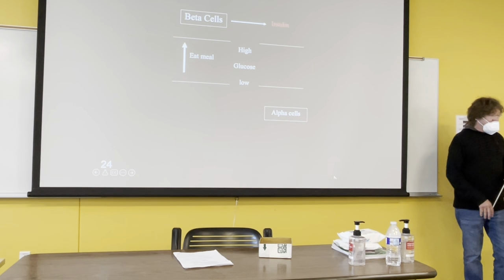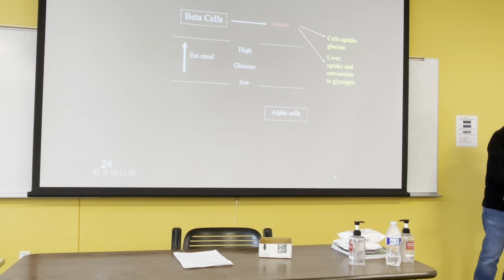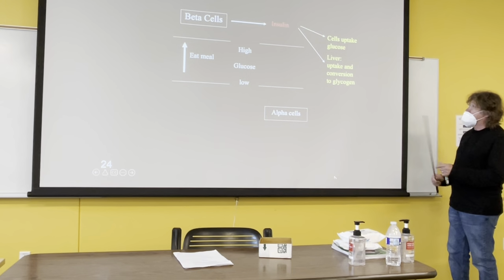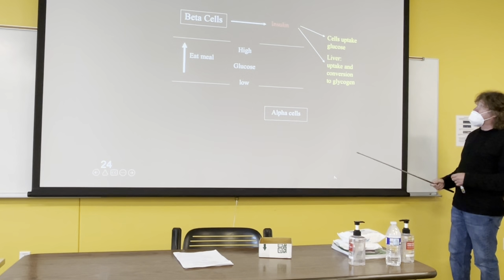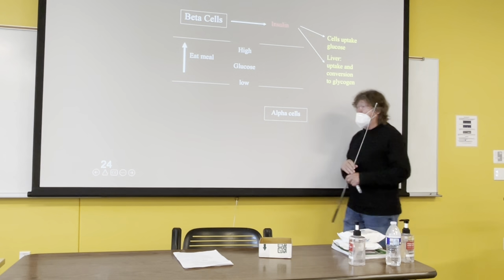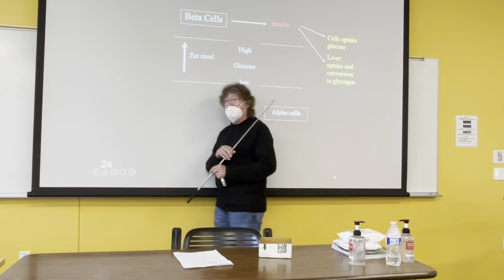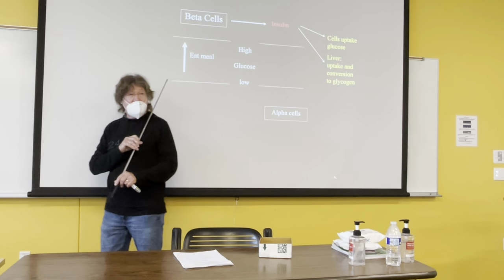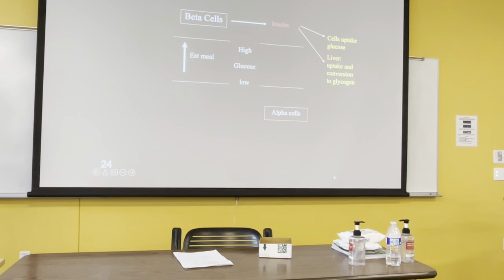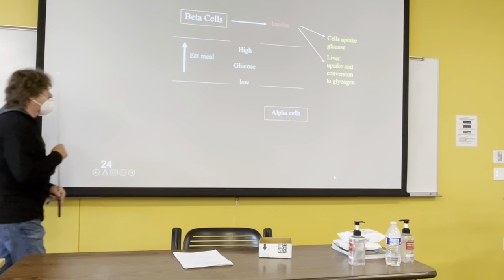Insulin binds to certain cells, mostly liver, since that blood is coming to the liver, but also muscle cells and other cells in your body, stimulating them to insert a particular type of GLUT transporter into plasma membranes and take up the glucose.